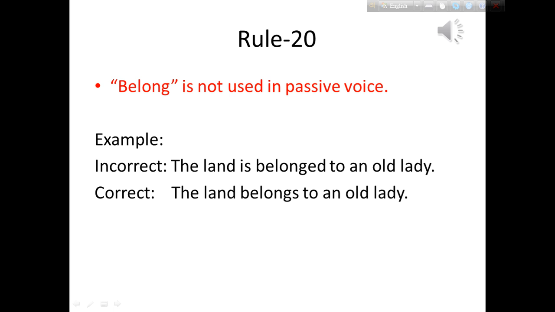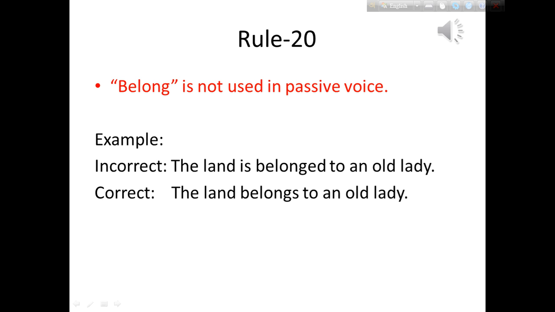Rule 20. This rule is about the word belong. So let's know the meaning of the word belong. Belong means be the property of or be a member of a particular group or organization.